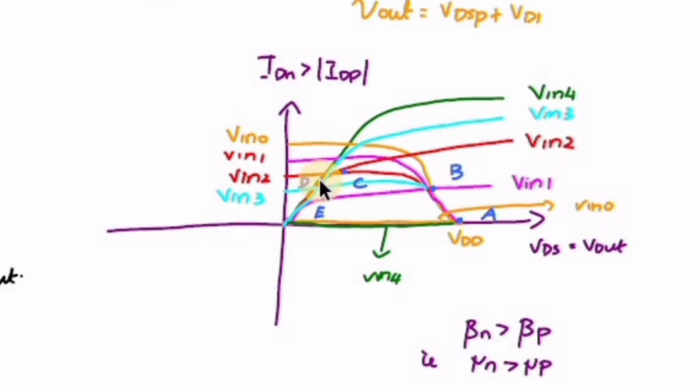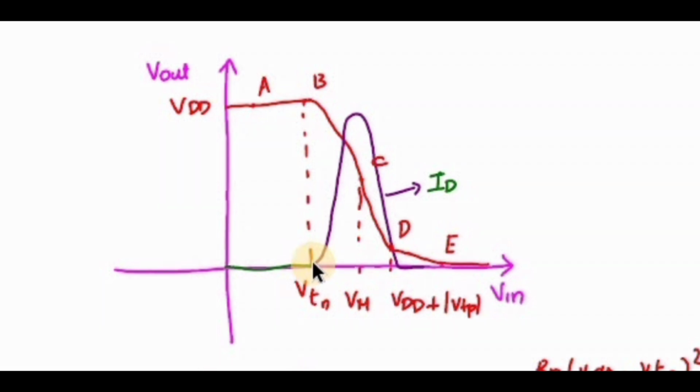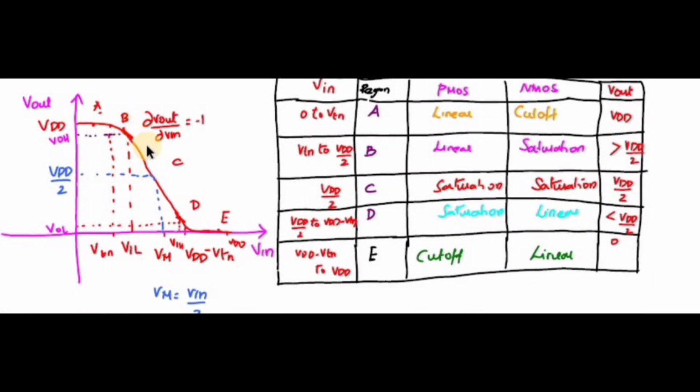And now we are going to see about the region for B and D, which is responsible for noise margin equations. If you see the voltage characteristics of the CMOS, this is how it will look like. And at B and D region, you form a slope, and that slope I can write as dou V out divided by dou V in is equal to -1, since it is reducing.